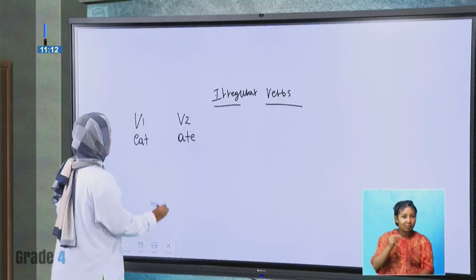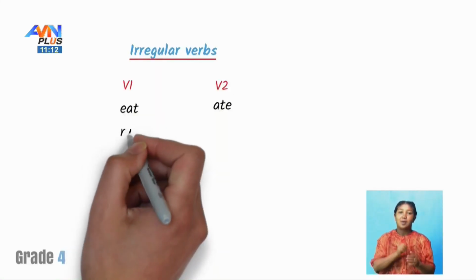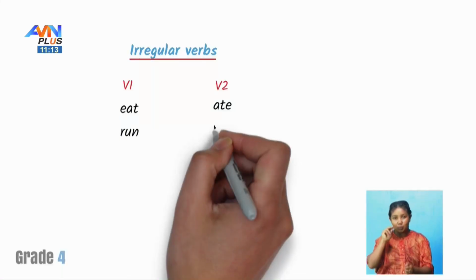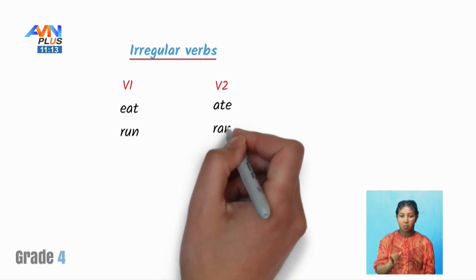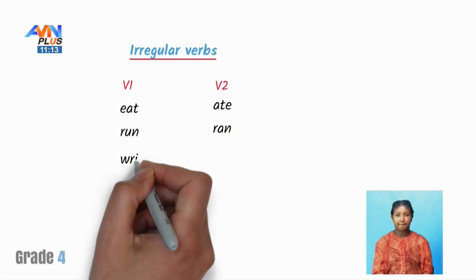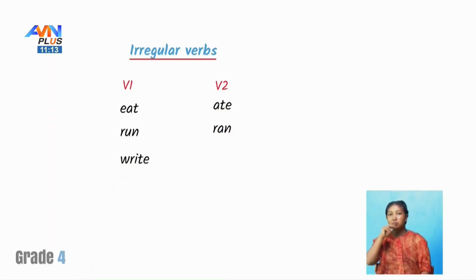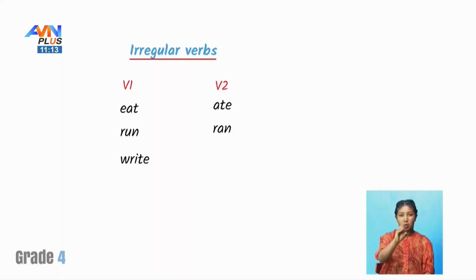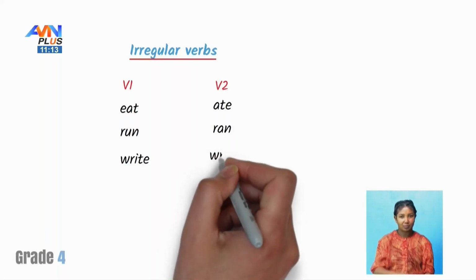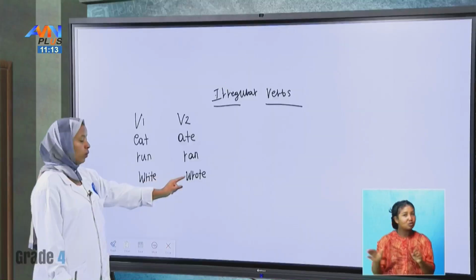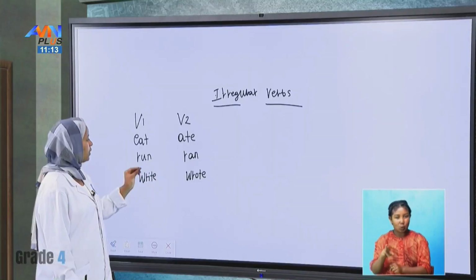Let us continue. Here, run. Ran. Let us add one more. Write. What are we going to see? Wrote. Look, these verbs: we change the whole word or some letters. Look here.